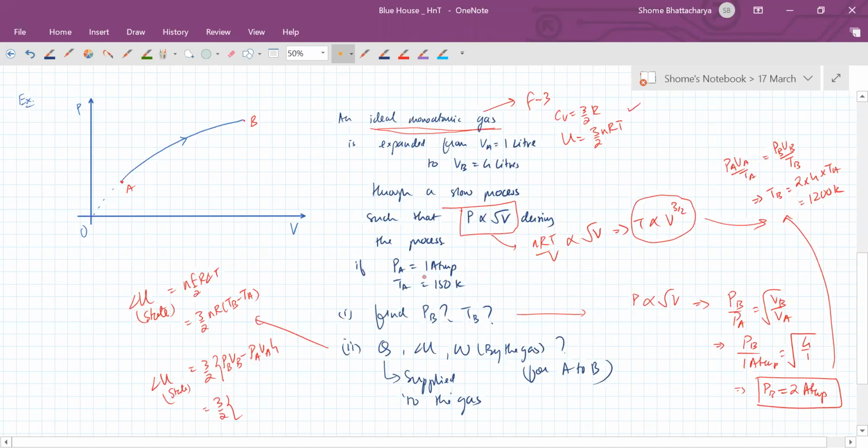So this is becoming how much? This volume is 4 liters, 1 liter, 1 atmosphere, 2 atmospheres. Okay. Temperature of 150 Kelvin, temperature of 1200 Kelvin.